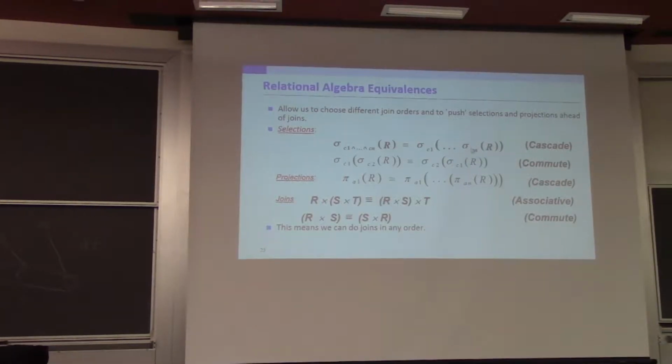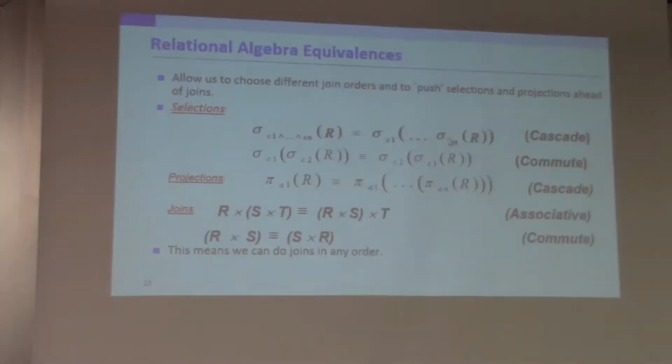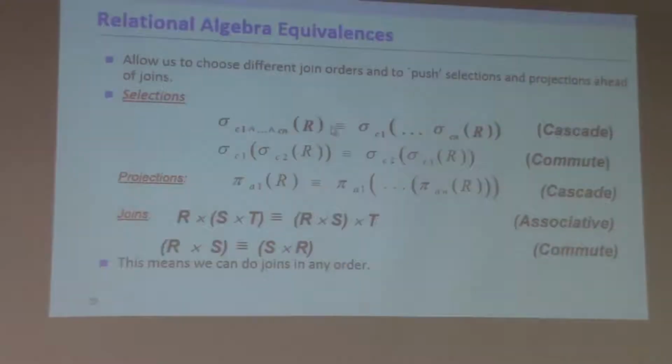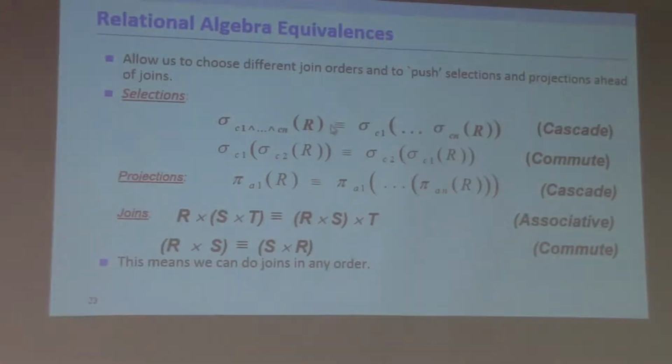I can have multiple selection operators, each operator associated with one term at a time. They are equivalent. How do you prove this? You can prove this using an induction approach, meaning that if having n selection conditions is equivalent to having n minus 1 selection conditions with one more selection in the outer block, then you can do an induction to prove this for the general case. I'm not going to go into detail, but that's the way to prove this.